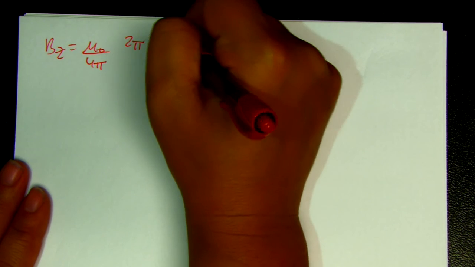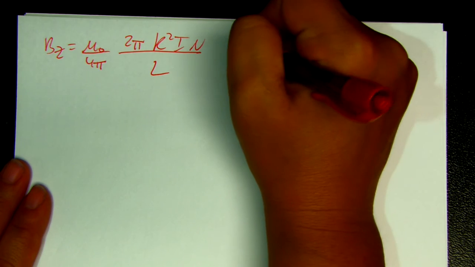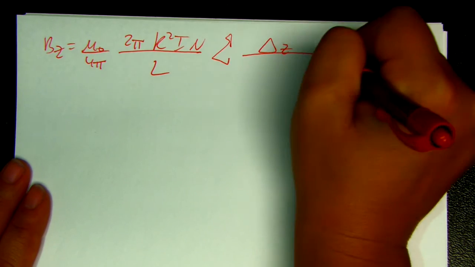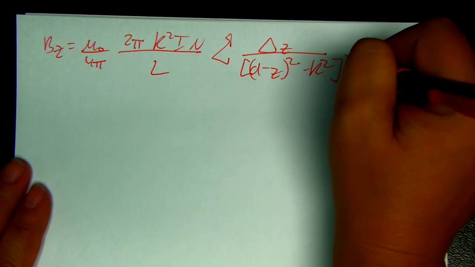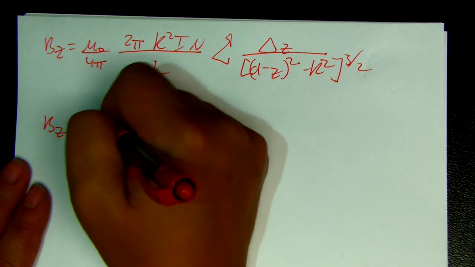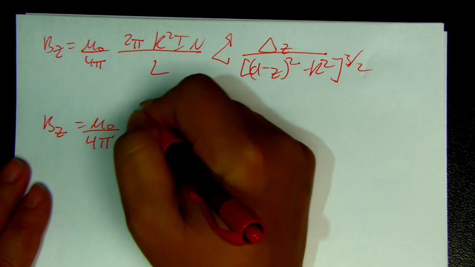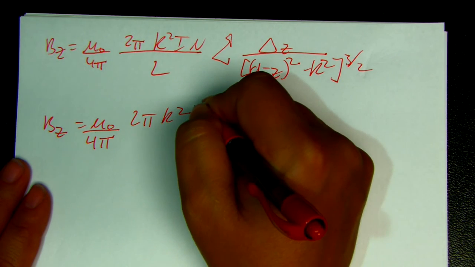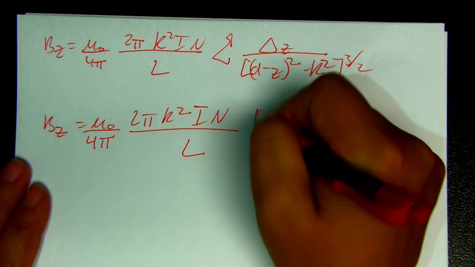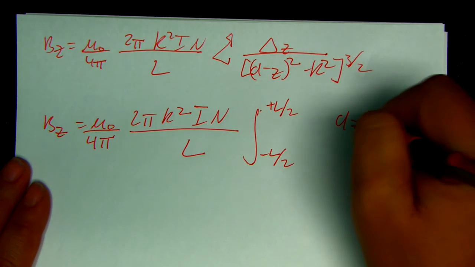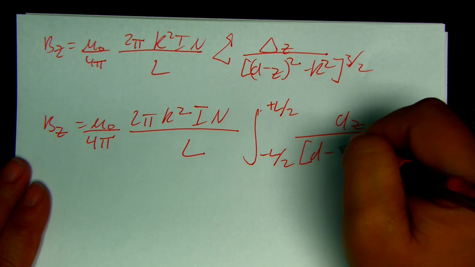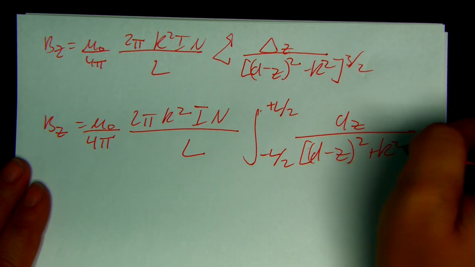So Bz is equal to mu naught over 4 pi, 2 pi R squared I N over L, the integral from minus L over 2 to plus L over 2, dZ over (D minus Z) squared plus R squared to the 3/2.